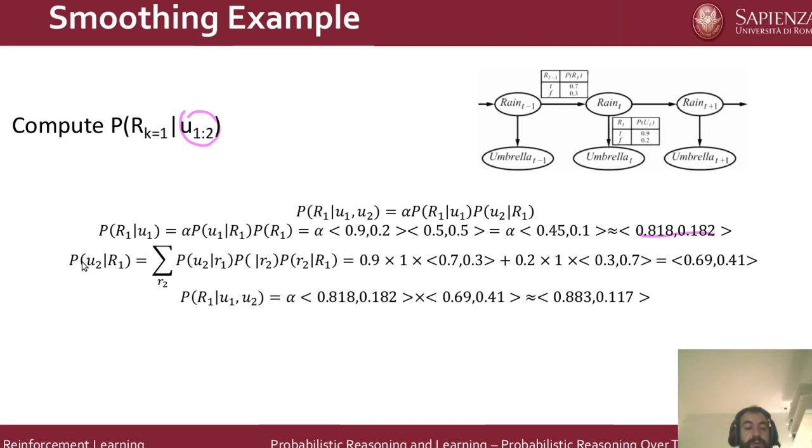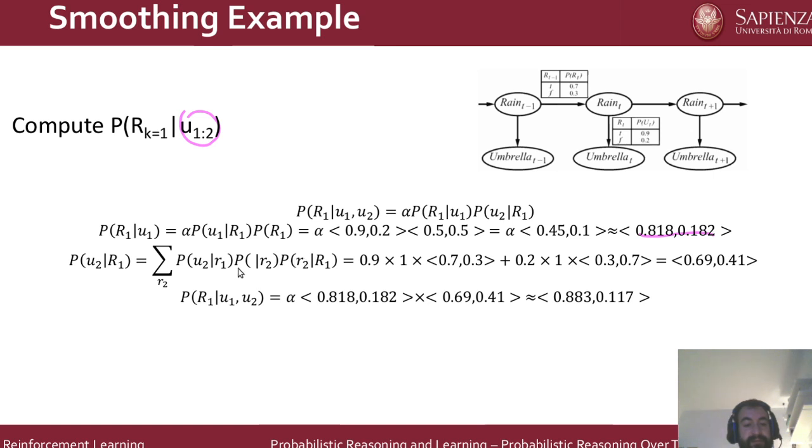Now we want to know what is the probability that we could have seen an umbrella given our estimate of R1. So how do we compute this? We just look at the probability of U2 given R2 multiplied by the probability of R2 given R1. So what are these things here?